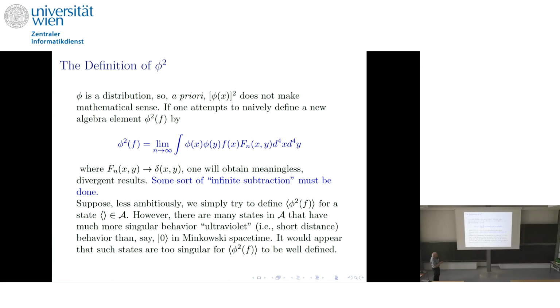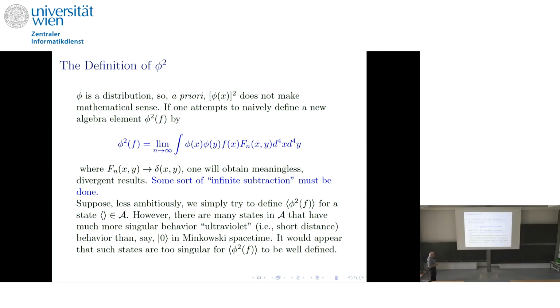But if you try to let this approach a delta function, which is what this is supposed to do, you're going to get meaningless divergent results in this limit. So this kind of naive definition, where you just take the product of distributions without doing anything to fix them up, is not going to work.